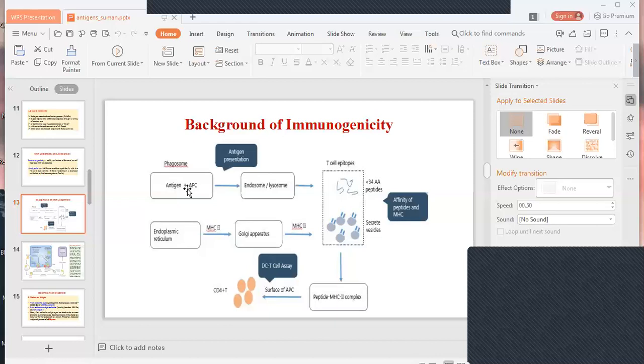Under this acidic environment of endosomes or lysosomes, antigens or proteins are degraded into many immunogenic peptides, which contain the T cell epitope. Here you can see the T cell epitope, after acid hydrolysis within endosome or lysosome.